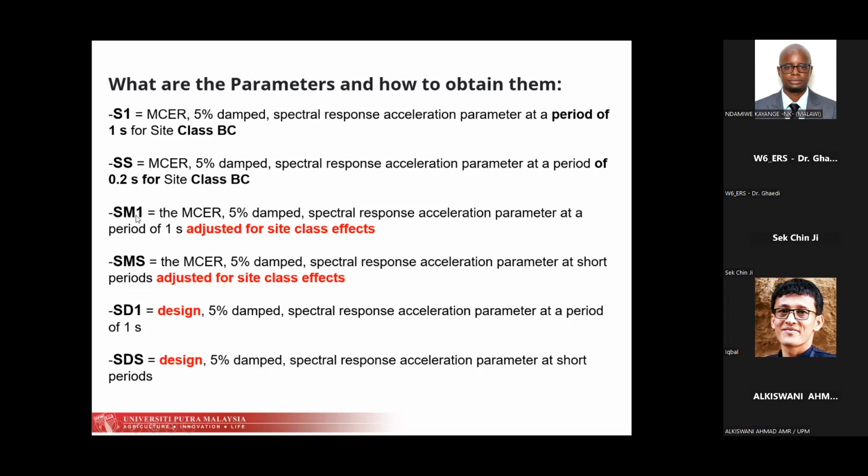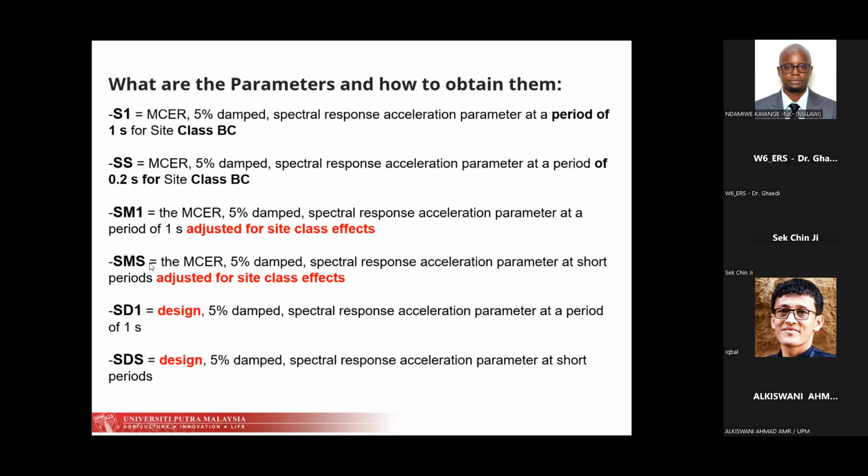So we will compute SM1 and SMS. SM1 is the spectral response acceleration parameter at a period of 1 second adjusted for site class effect. So basically S1 is the same as SM1, but it's multiplied by a value to make it for our site class.